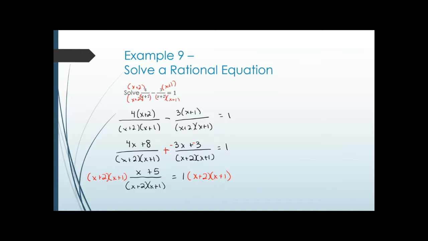So that leaves me, the fraction will cancel out, and I have x plus 5. And then that 1 isn't really doing anything because 1 times anything is just the same thing. So I'm going to FOIL. I'm going to multiply out the x plus 2 times the x plus 1. So that gives me x squared, and then I get a plus 2x plus 1x, so that's plus 3x, plus 2 times 1 is 2.